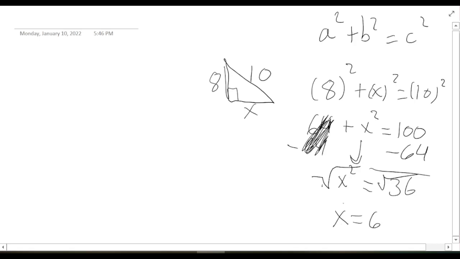So now we know what x is. We can plug it back in here. And now we have all the sides of our triangle. We have 8, 6, and 10. So in a case where we do know what the longest side is and we don't know what one of these legs is, all we got to do is fill in what we know, and then we can solve algebraically like we did over here, where we minus 64 on both sides and then find the square root of each number.